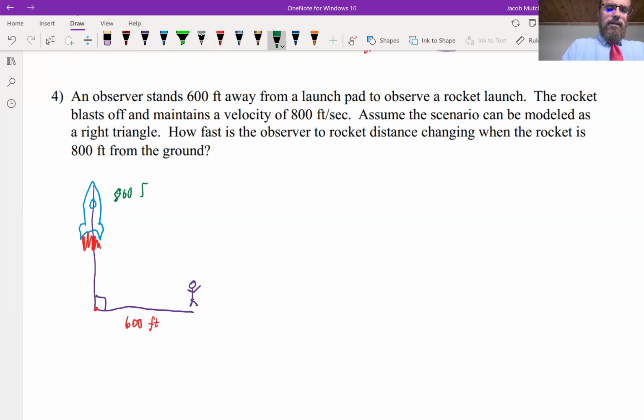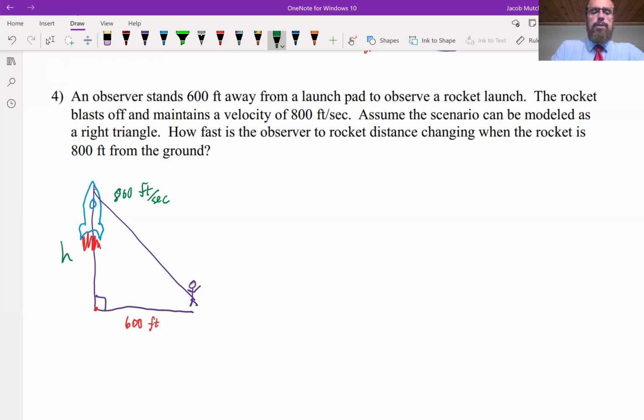800 feet per second. Now, we're interested in this distance between the observer and the rocket ship. That's really, if we think about that right triangle, the hypotenuse. So when we think about the variables that are involved in this related rate situation, I definitely have the height of this rocket off the ground, and that's going to be one of the legs of this right triangle.